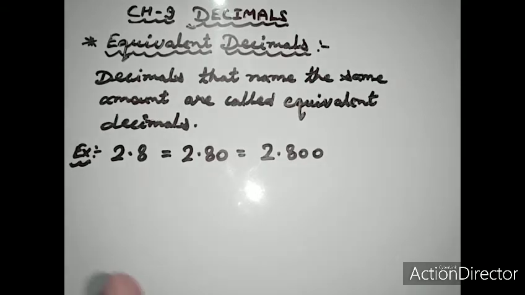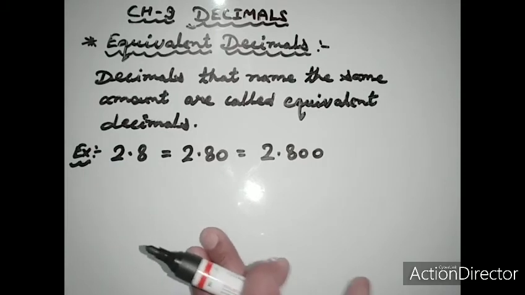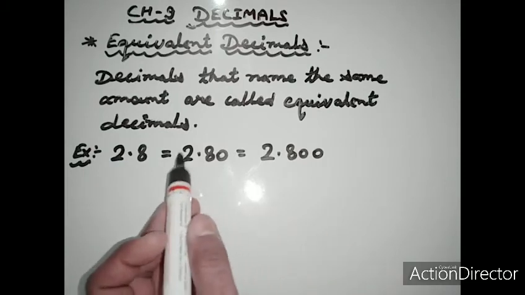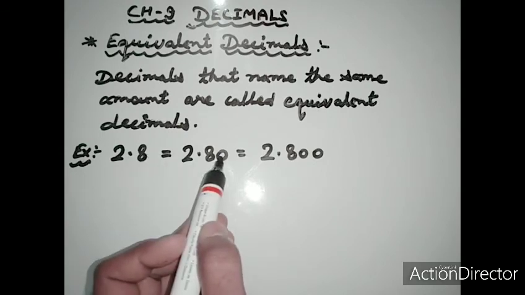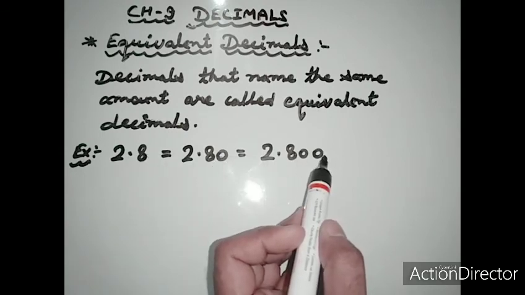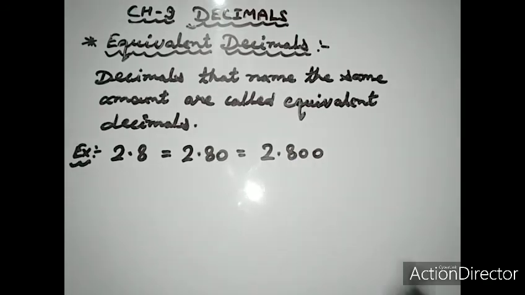Now students, it is clear from this example that if we put zeros on the right hand side of the decimal number, it doesn't change its value. Right? Now students, here we discuss like decimals and unlike decimals.